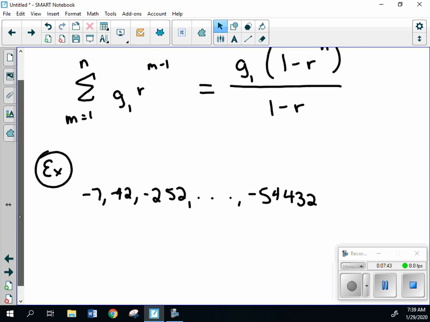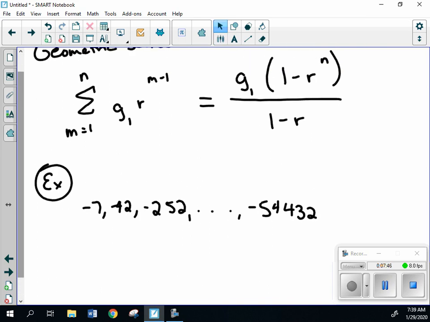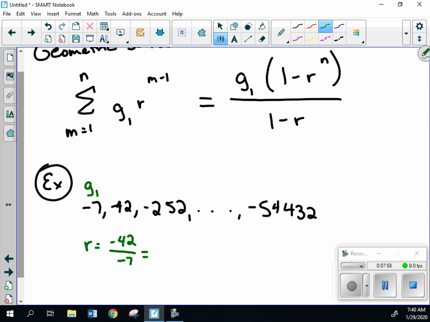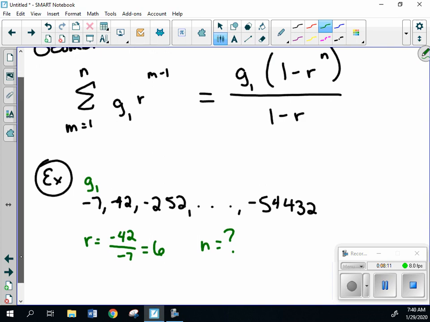If I'm trying to use that formula on the right, I have g 1, no problem, that's -7. I can find the r, because it's -42 over -7, which gives me 6. But I don't know that n. That creates a little bit of an issue, but not really, because we can solve for it in order to use our series.